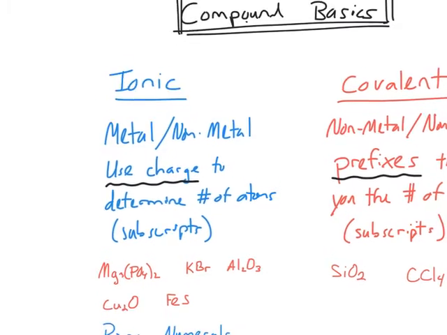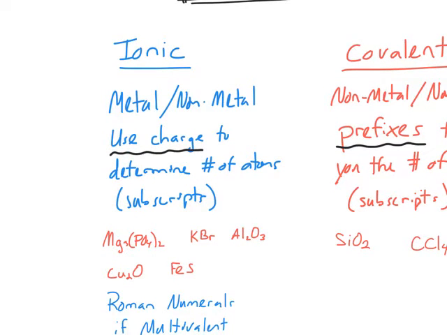So if I take a look at magnesium phosphate, for example, I know that magnesium has a +2 charge, phosphate has a -3 charge. Therefore, when I combine them together to make a neutral compound, I need 3 magnesiums and 2 phosphates. Similar things happen with potassium bromide, aluminum oxide, and copper 1 oxide.